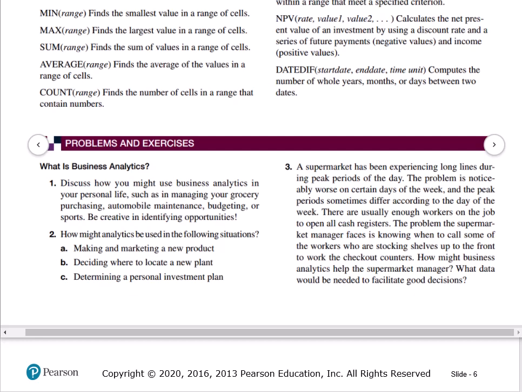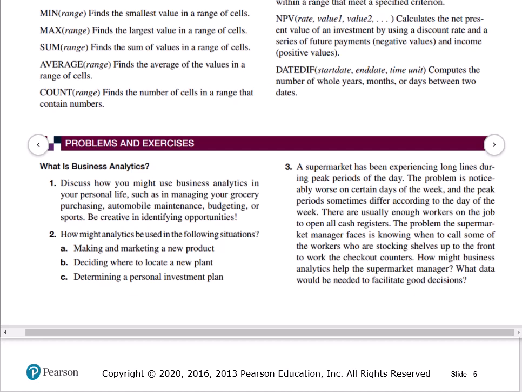Okay, let's look at that for a minute. Business analytics can help to predict customer demand at the checkout counters and to determine the appropriate number to have open and when. We can use descriptive analytics by examining historical data on customer flow during each hour of the day, each week of the month, and even each month of the year, because it's going to vary.